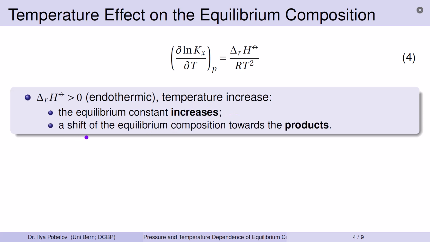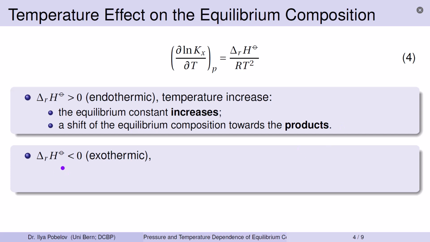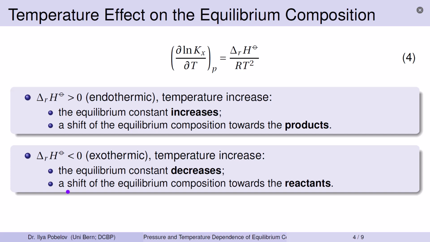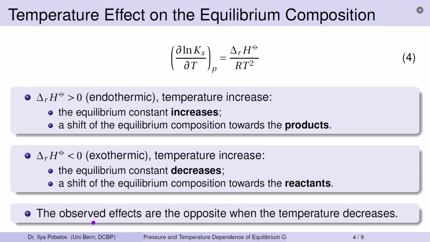It is described as a shift of the equilibrium composition towards the products. Conversely, in an exothermic reaction, where the standard reaction enthalpy is negative, a temperature increase leads to a decrease in the equilibrium constant. This indicates that the composition of the reaction mixture in equilibrium shifts towards the reactants. The observed effects are opposite when the temperature decreases.